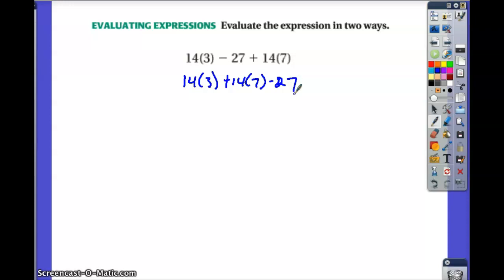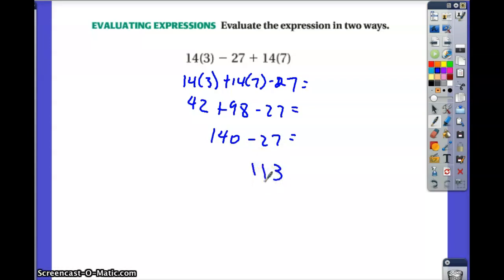So let's go ahead and do that. 14 times 3 is 42, plus 7 times 14 is 98. So here you've got 42 plus 98 is 140, minus 27, which is going to equal 113.